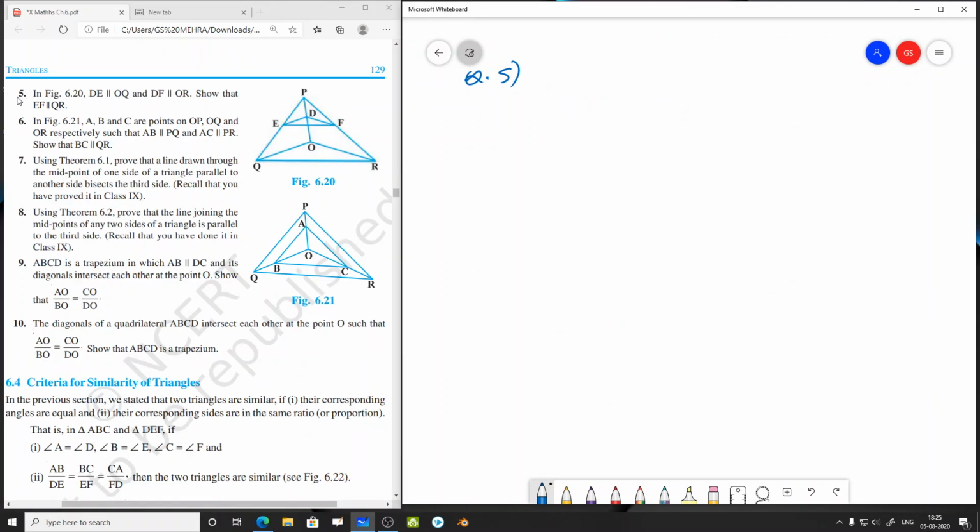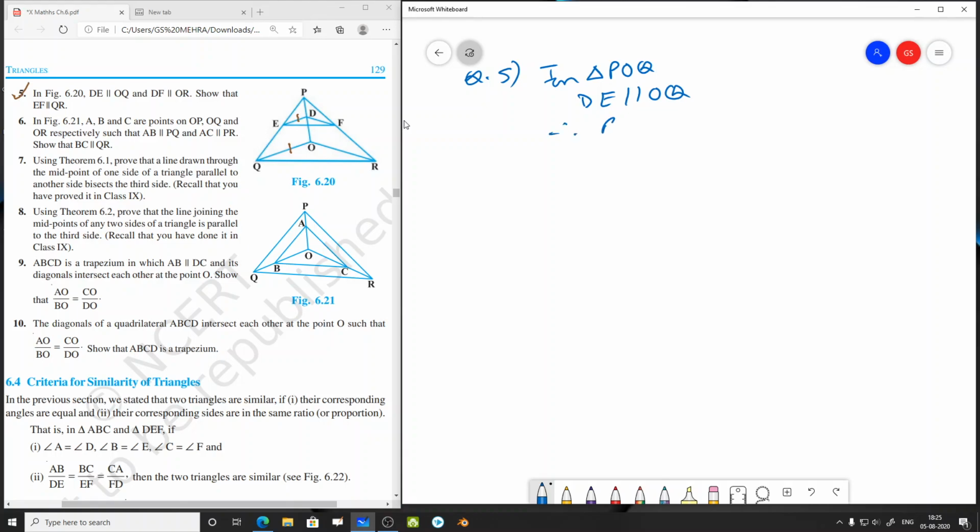Question number 5. In figure 6.20, this is the figure, DE is parallel to OQ. So where is DE? This is DE, and this is OQ. So the triangle involved here is POQ. So in triangle POQ, DE is parallel to OQ.